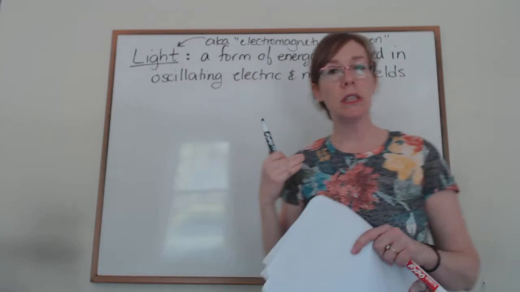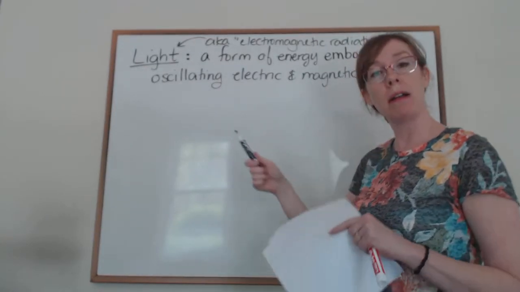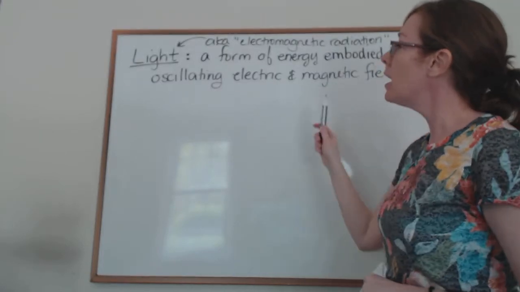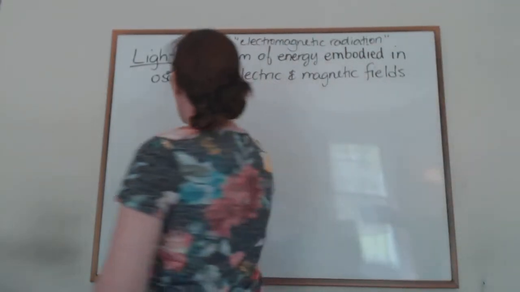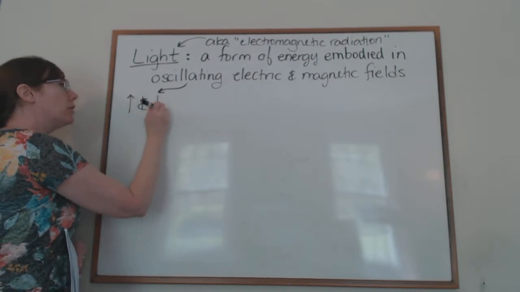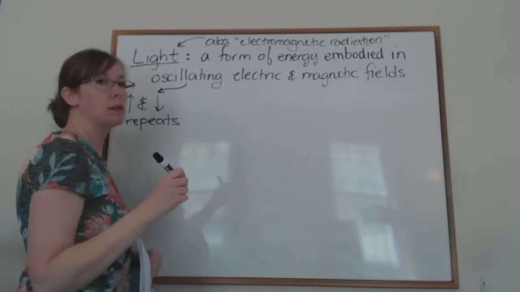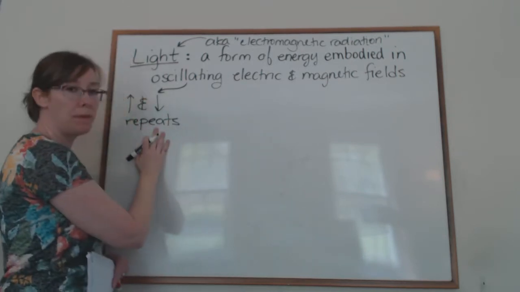So when we use the term electromagnetic radiation, we're also talking about light. They're synonymous. Let's talk about what's oscillating. Oscillating just means composed of up and down repeats. If something oscillates, like the piston on a motor, it goes up and down repeatedly.